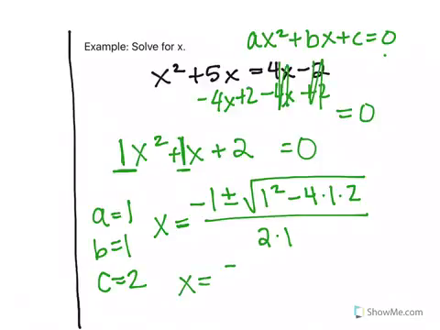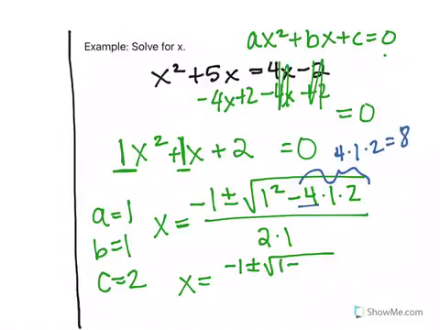Simplified, we get x equals negative 1 plus or minus the square root of 1 minus 4 times 1 times 2 equals 8. One of them is negative, the rest are positive, so our answer is negative. So we have minus 8 here, all divided by 2 times 1, which is 2.